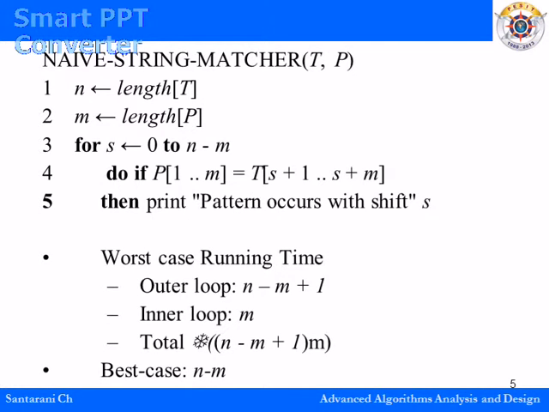The naive string matcher takes two inputs, the text and the pattern. Here, n is the length of the text and m is the length of the pattern. So for s going through a loop from 0 to n minus m, we specify a condition in an inner loop: if P[1 to m], that is the characters in the pattern, matches T[s+1 to s+m], the characters in the text.